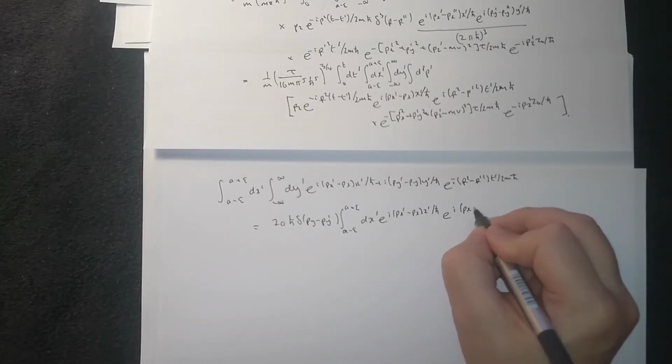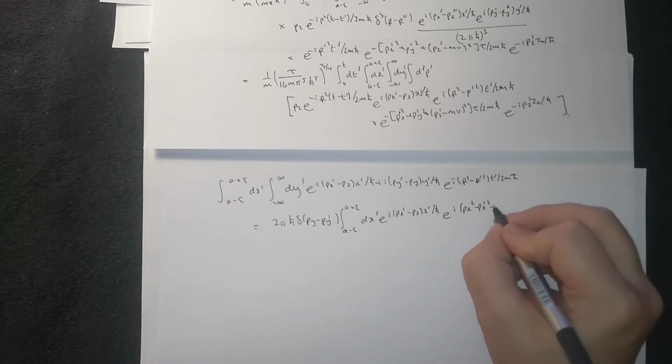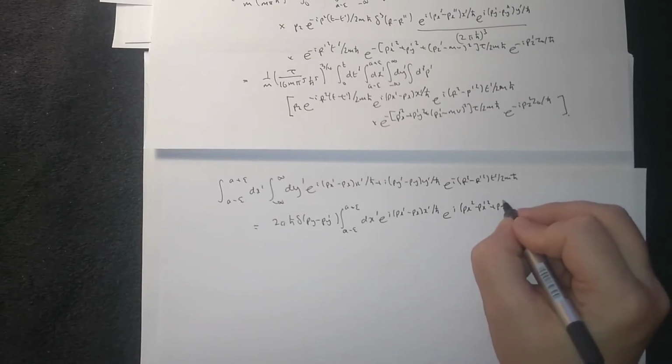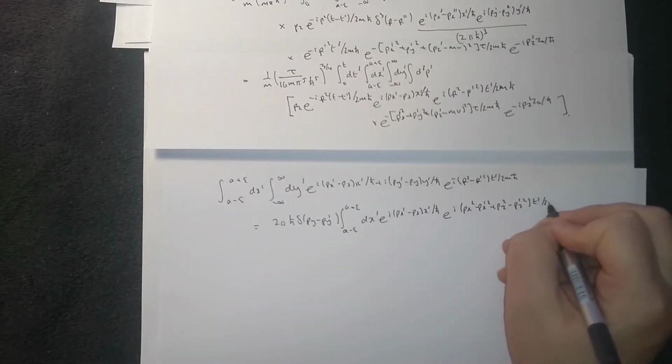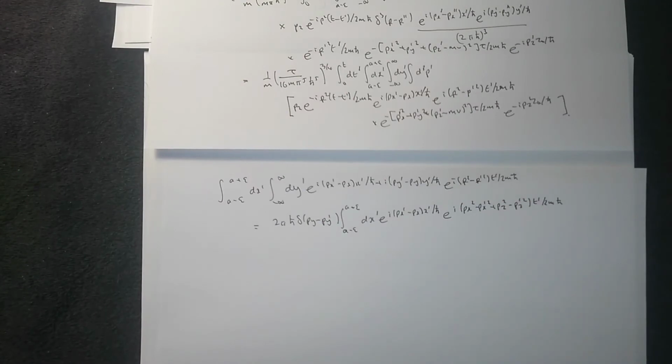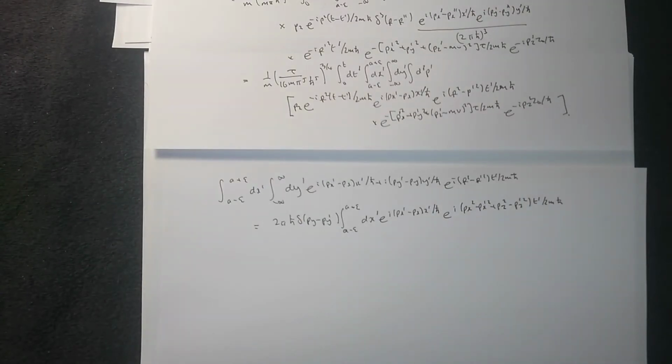That's (px squared minus px prime squared plus pz squared minus pz prime squared) t prime over 2m h bar. I've used, of course, that py and pz have to be the same thing in that case.